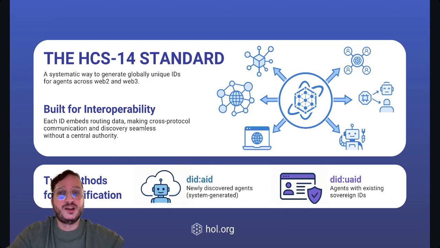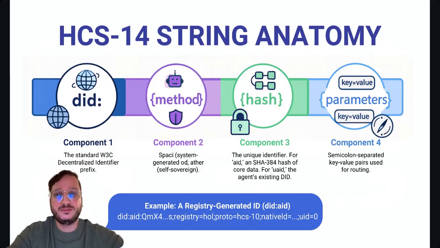So the anatomy of an HCS 14 string or Universal Agent ID is split up into four components. First component is the standard W3C decentralized identifier prefix, so did colon. Then you pick the method inside of the prefix. So the system generates AID or other if it's self-sovereign.